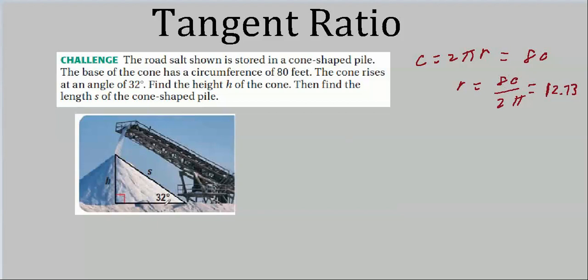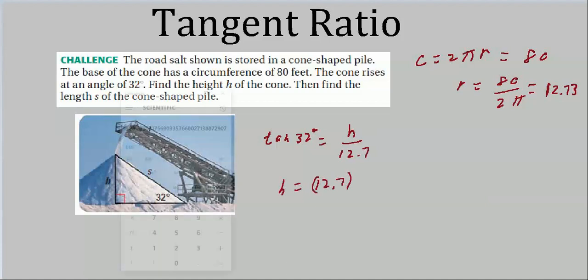Well, now we've got something, because we've got that the tangent of 32 degrees is going to be opposite over adjacent, h over this, which we just figured out is, call it 12.7, I guess. So h is going to be 12.7 times the tangent of 32 degrees.